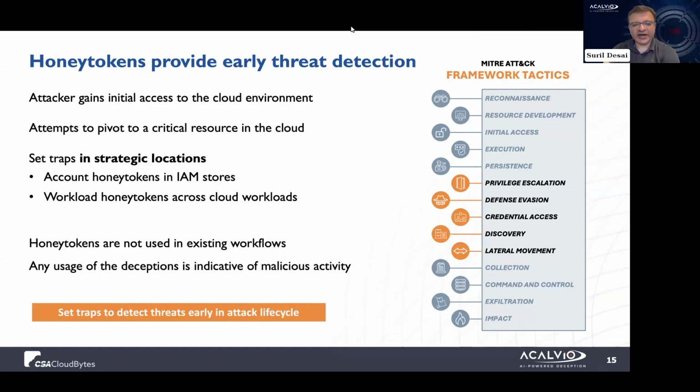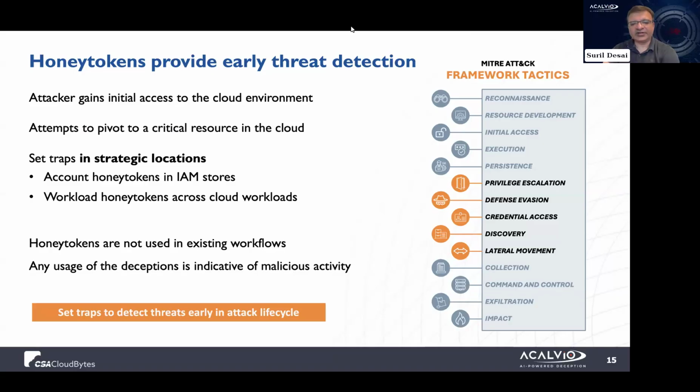The defender can set traps in strategic locations. Examples of these traps would be account honey tokens in identity and access management stores, and workload honey tokens deployed across cloud workloads. These traps can enable the defense to detect the threat at a very early stage of the attack lifecycle.